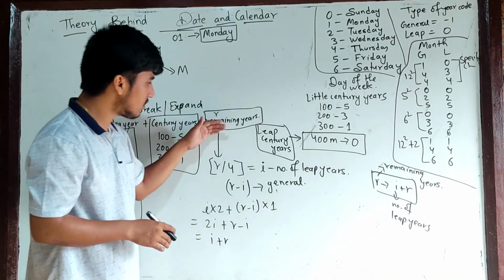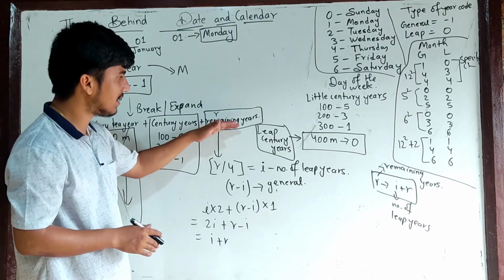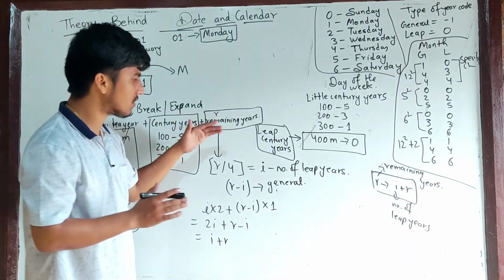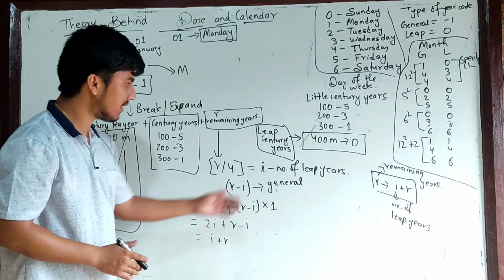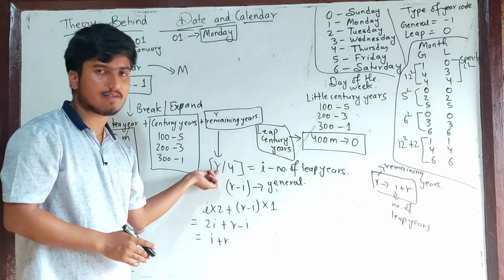And for the remaining years, for finding the number of odd days in the remaining years, we need to first find the number of leap years and then the number of general years. For finding the number of leap years, we divide R by 4.